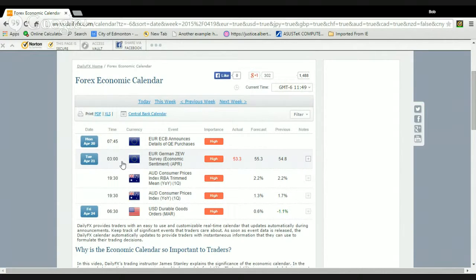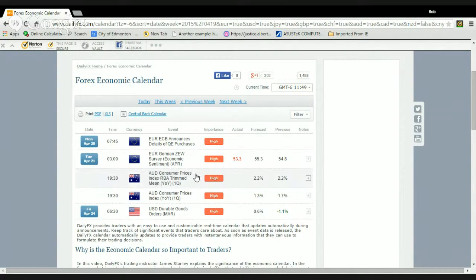For example, there was one out today at 3 a.m. affecting the euro, the Euro German ZEW, which is an economic sentiment report. There's also, at 19:30, Australian dollar consumer prices year over year. Friday, there's another one, US dollar durable goods orders.